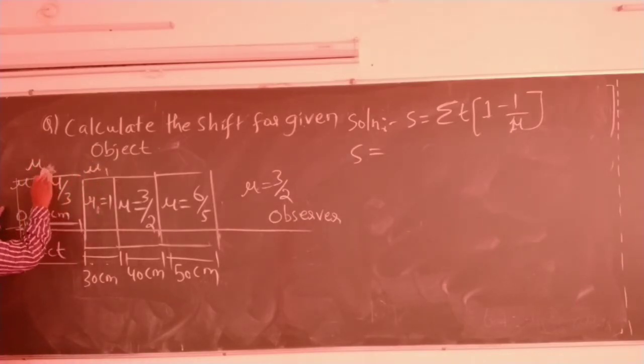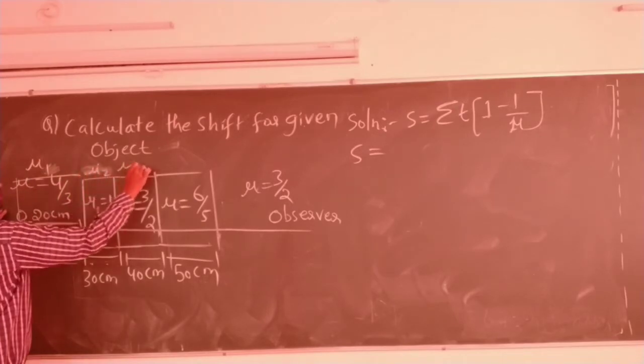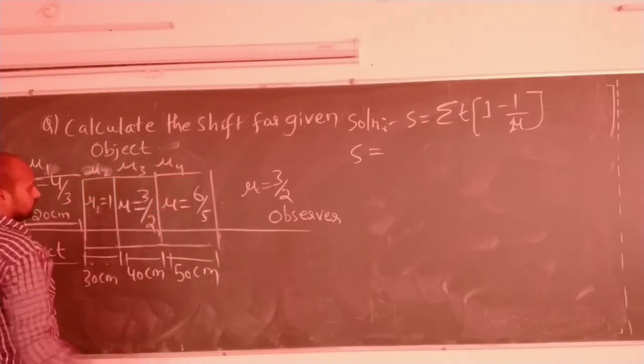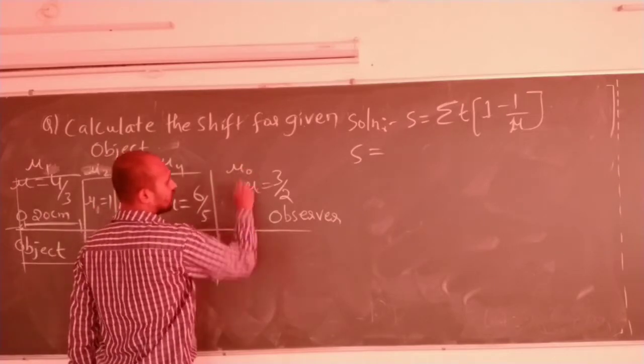Let us take this as mu1, this is mu2, mu3, mu4, this is mu0.